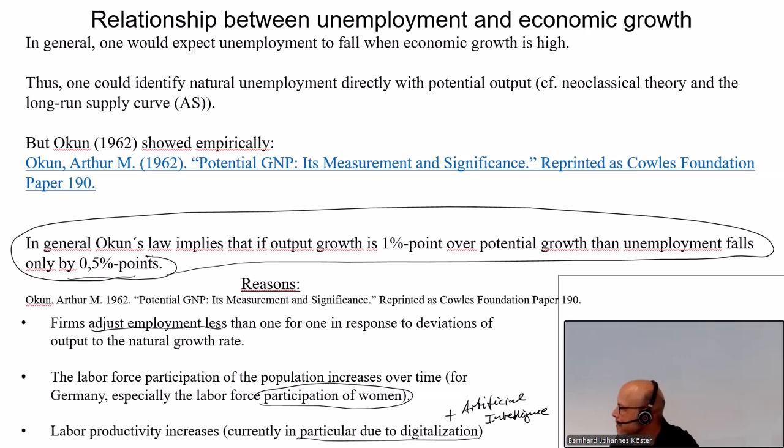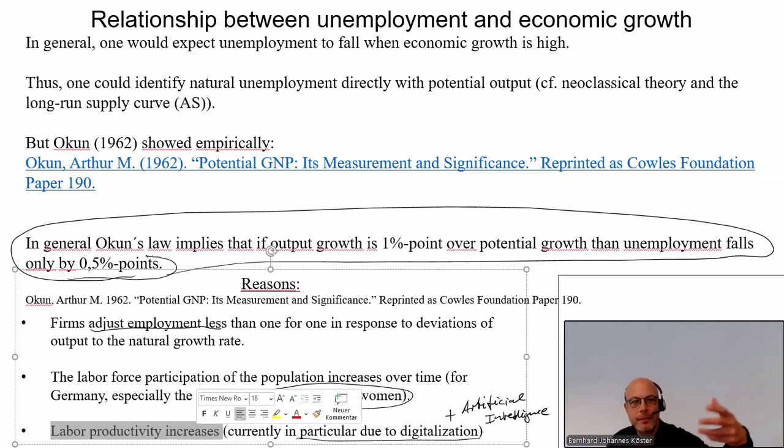And this we explained in general with some frictions in the labor market, and also with general technological improvement, that at the same time, if we have technological progress, we can provide more goods and services in the future.